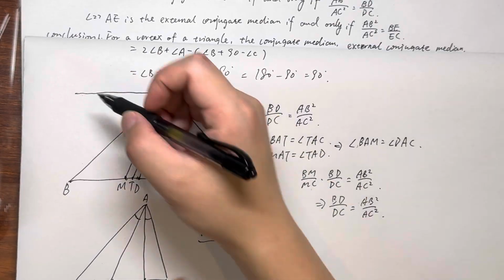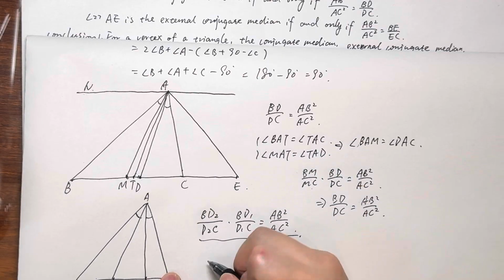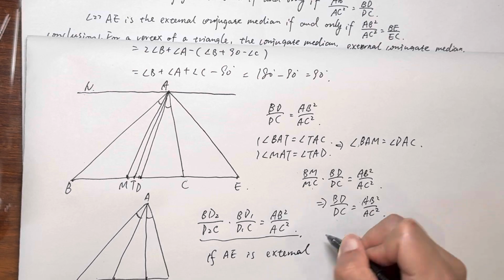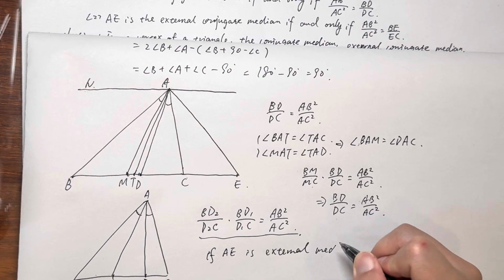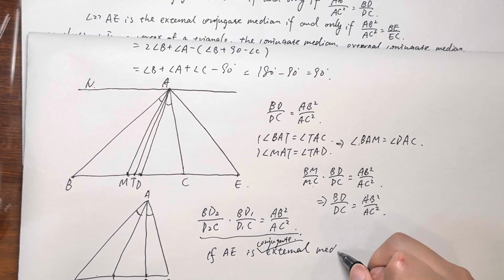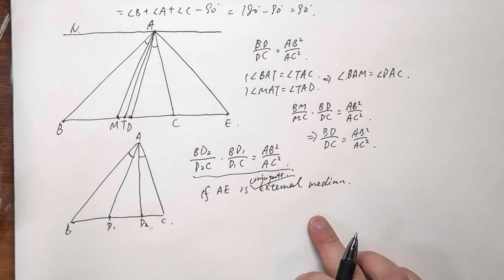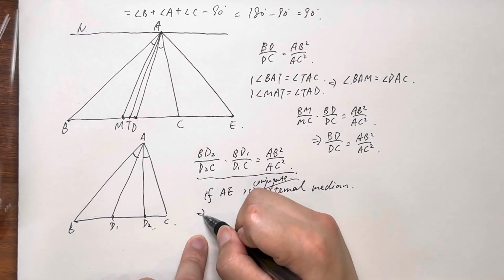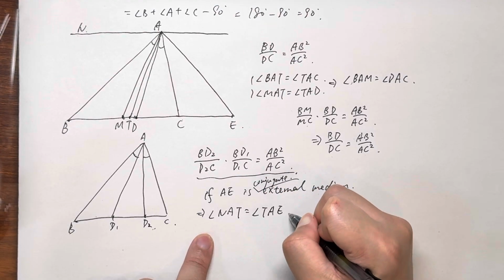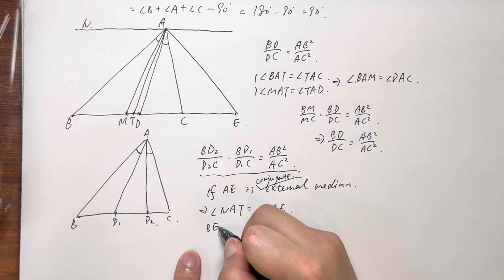Remember how we find the AE, let's write it in here. So let's say if AE is a conjugate external median, right? If AE is a conjugate external median, that means the angle NAT equals to angle TAE, right? And we want to find the ratio of BE to EC.